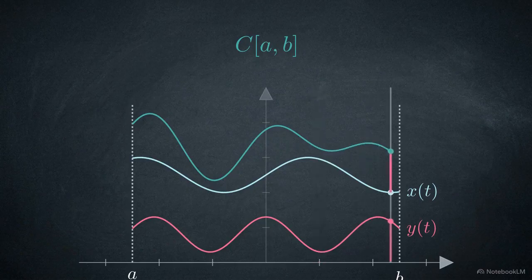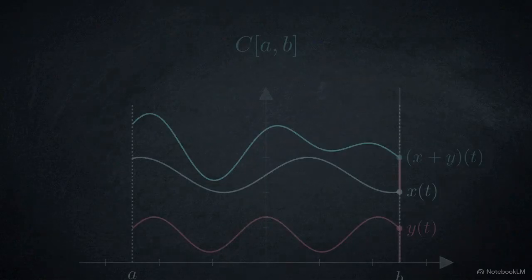Addition here is defined point by point. At every value of t, we add the outputs of two functions to create a third. Because the sum of two continuous functions is itself continuous, the set maintains closure. In this space, each unique function, the entire curve across the interval, is treated as a single point.